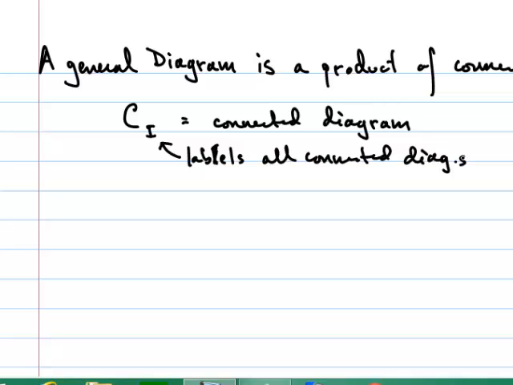The number of diagrams is countable, so I is some index that runs from 1, 2, 3, 4, and so forth up to infinity.